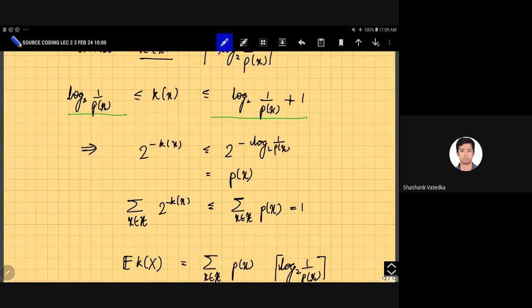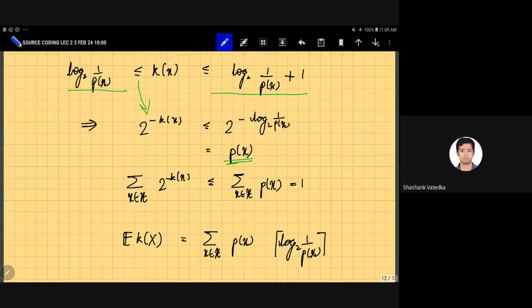Right? So if we use the first inequality, we get that 2 to the minus k of x is less than or equal to 2 to the minus log 1 over p of x, which is the same as saying that 2 to the minus k of x is less than or equal to p of x.